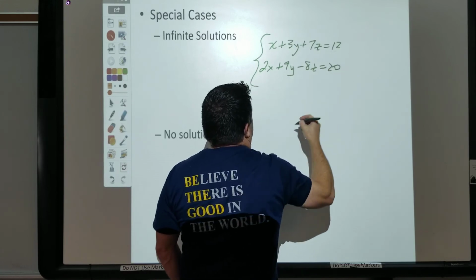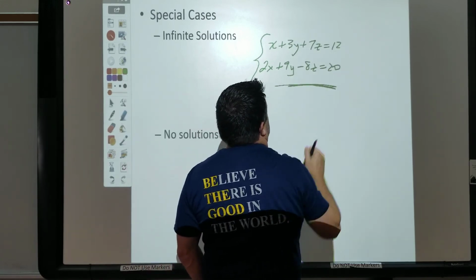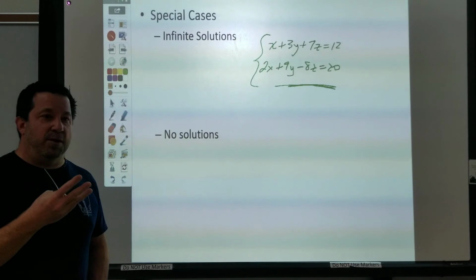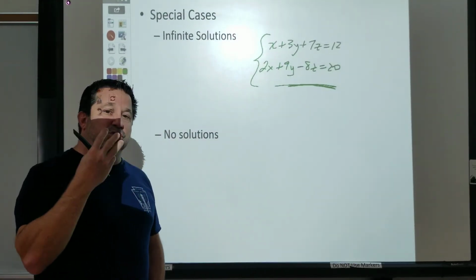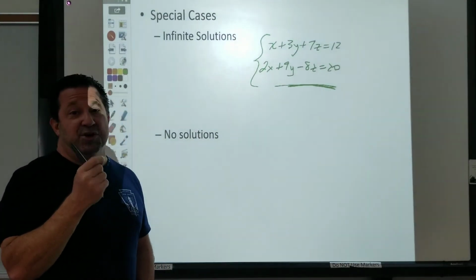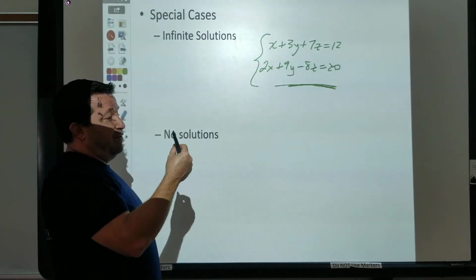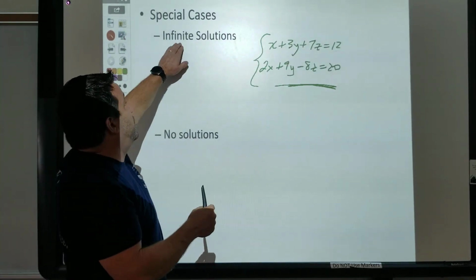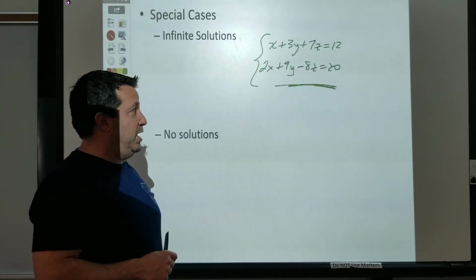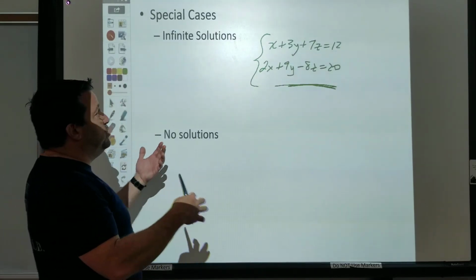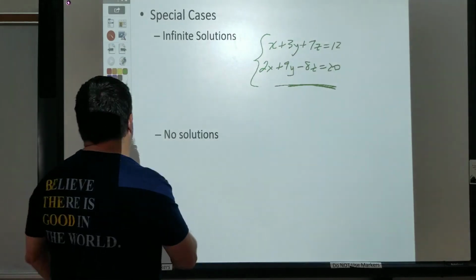I totally made that up. But there's not a third equation. You have 3 variables. If you have 3 variables, you need 3 equations to come up with a single point for a solution. If you don't have a third equation, then that is actually going to be an infinite solution case. Okay? So what you do is you go through and you solve it the same way you normally would.